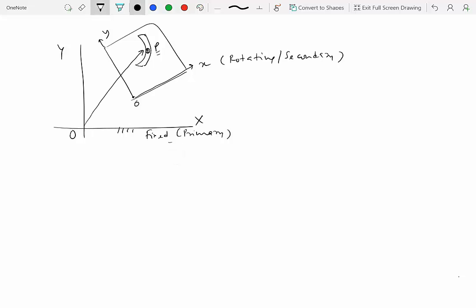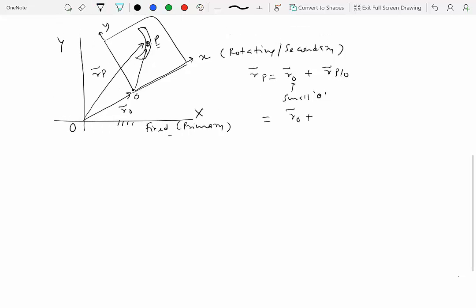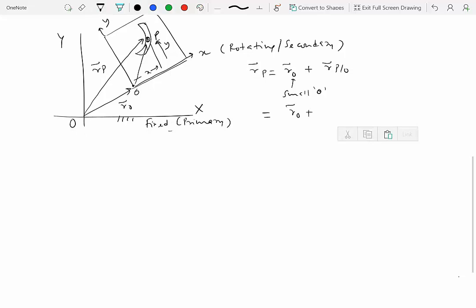So we have R of P, we have R of O, and then we have R of P with respect to O. So we can write, notice this is a small o, R of P equals R of O plus R of P with respect to O, and that is equal to R of O plus, let's say this number is X from here to here and this number is Y, then this position vector R of P with respect to O in the rotating frame becomes X i hat plus Y j hat.